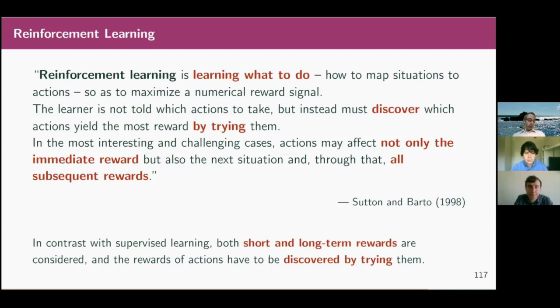Now, in contrast with supervised learning, in reinforcement learning, we consider both short and long-term rewards. And the rewards of the actions have to be discovered by trying these actions.